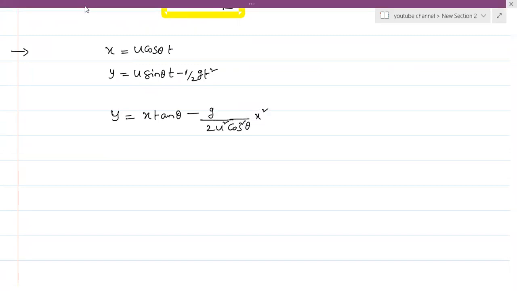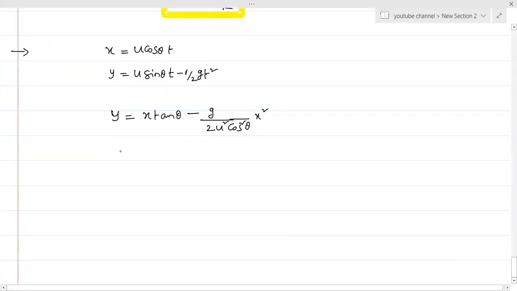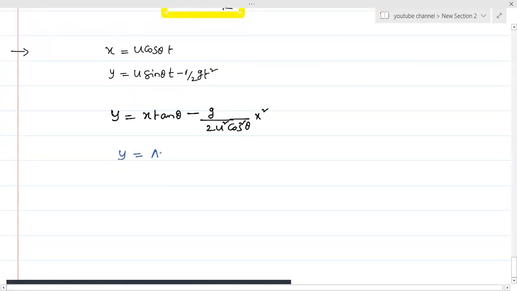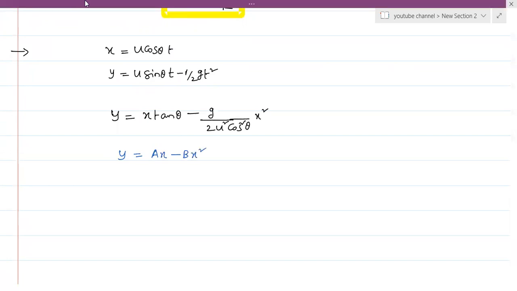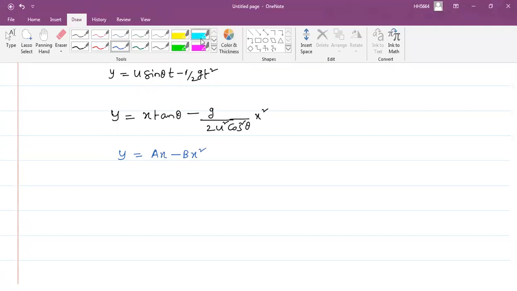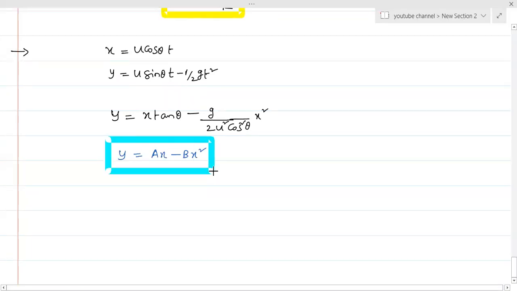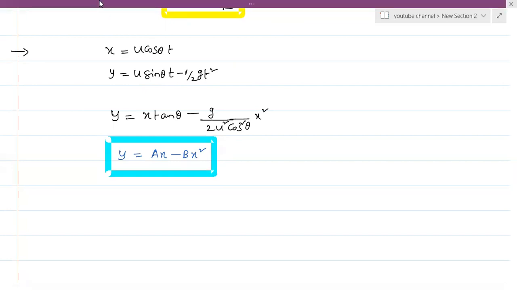To make the problem simpler, we are converting it to the required form, ax minus bx square. So this is also an important relation here.